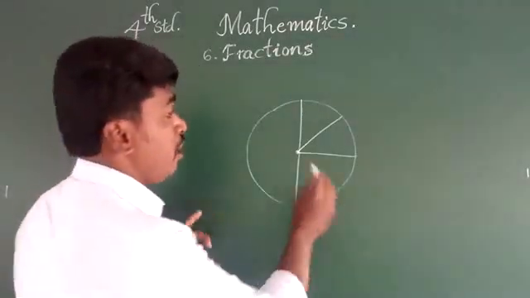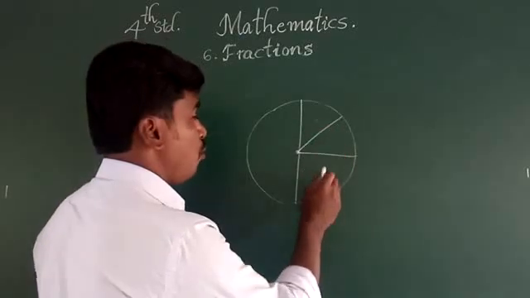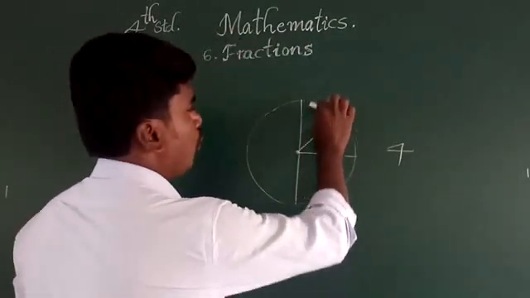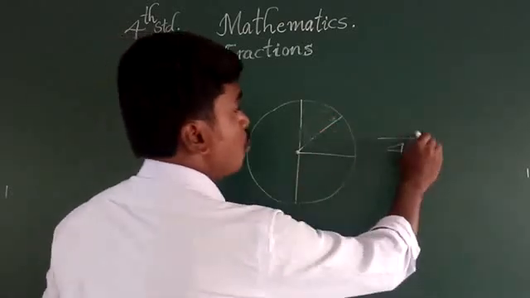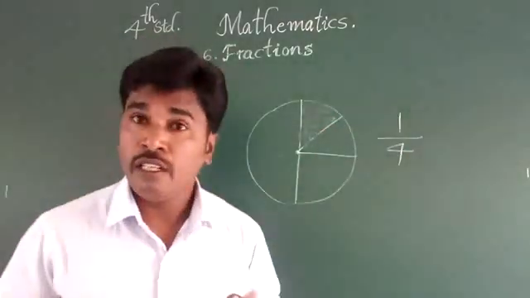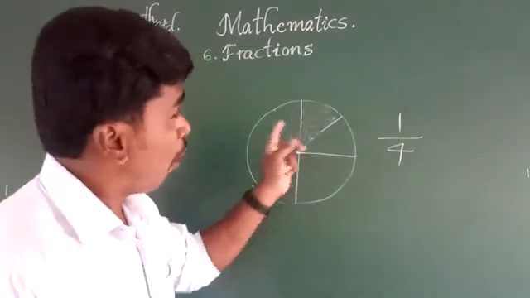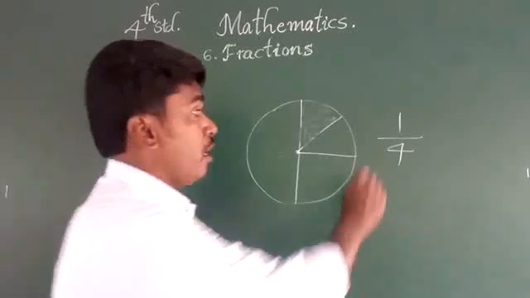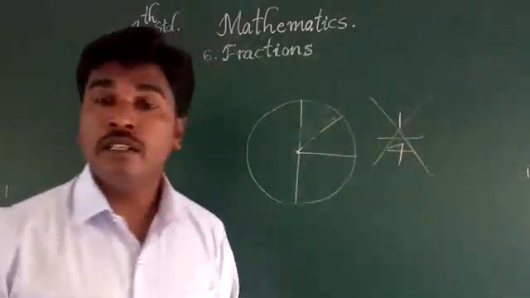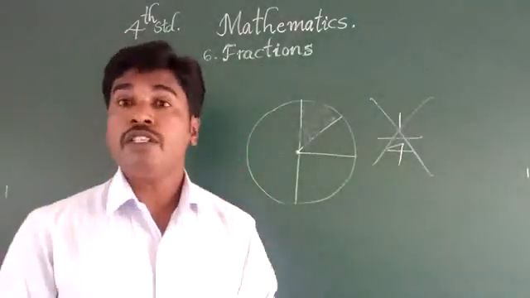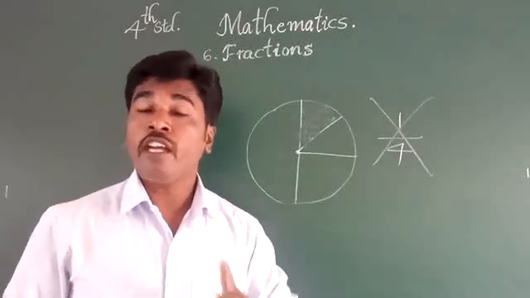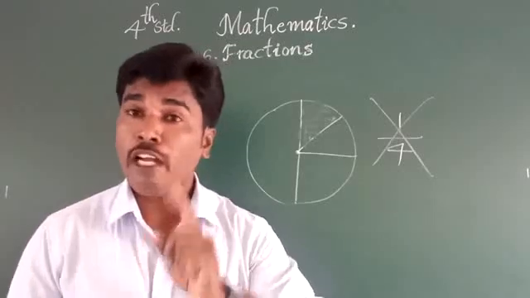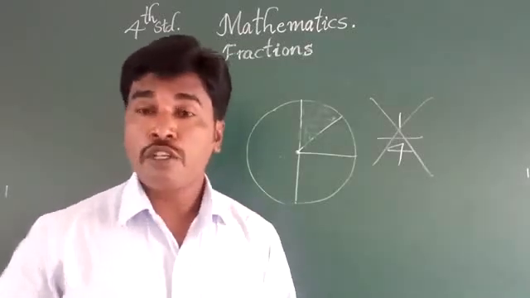You cannot say that the total number of parts is 4. Suppose you want to take out only one part, so 1 by 4. Is it correct? This is not correct because all the parts are not equal in size. So we cannot write 1 by 4. When the parts are equal, then only we can write it in fractional form. This is the condition while you are using fractional numbers.